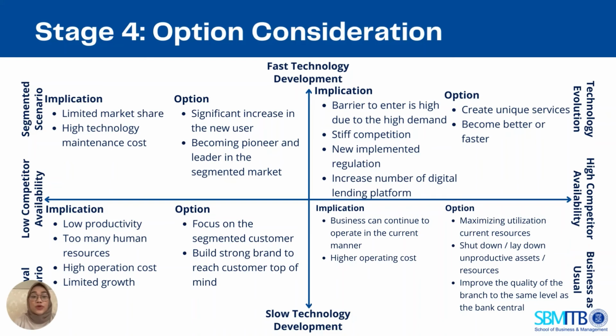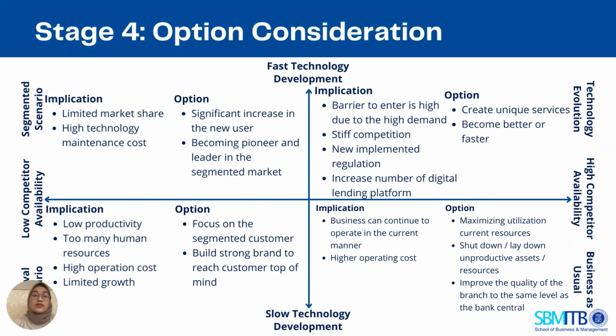On the top right quadrant, the possible scenario is the technology evolution, a situation where there is high competitor availability and fast-paced technology development. The option for the bank is to stand out in the dynamic environment by creating unique services. They need to be better and faster in order to outcompete the others and become customers' top of mind and first choice.